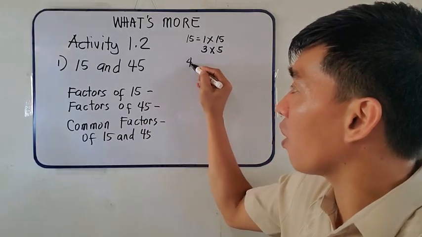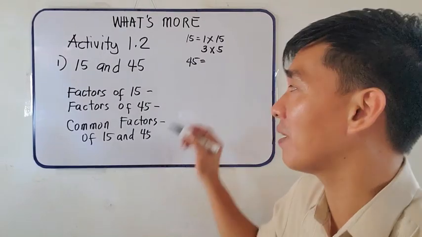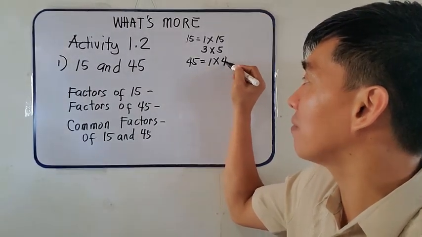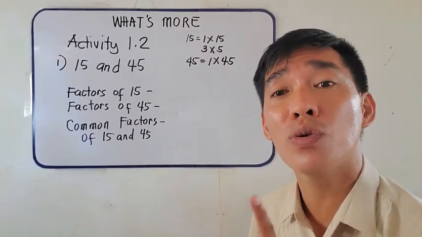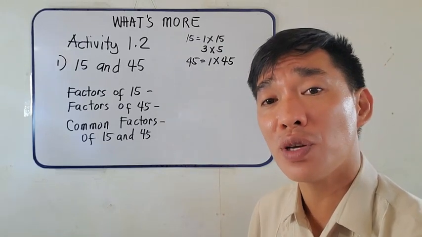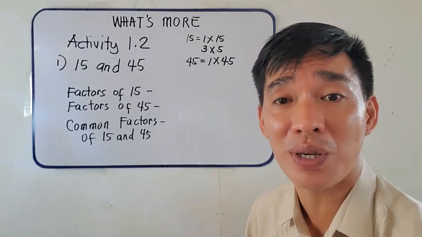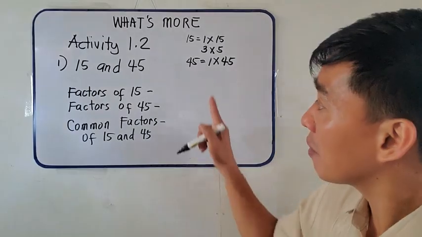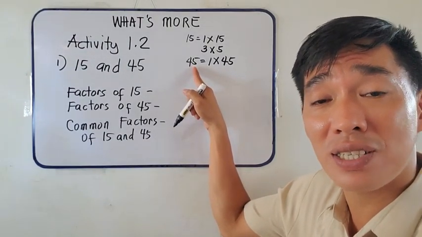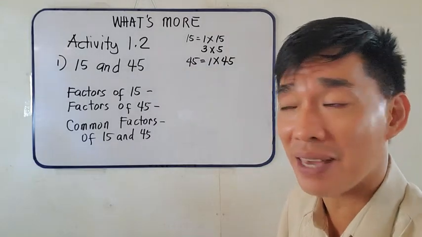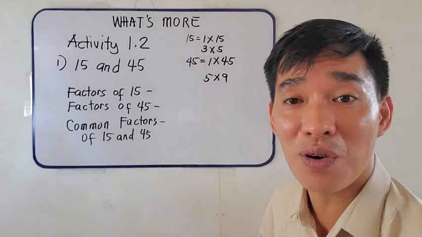What are the factors of 45? Always remember to start with 1. So 1 times 45. The next thing that you have to do is use the divisibility rules for 2, 5, and 10 in order to determine the other pairs of factors of 45. Because 45 ends with 5, we could say that the number is also divisible by 5. So we could have a pair of 5 times 9. That's also 45.